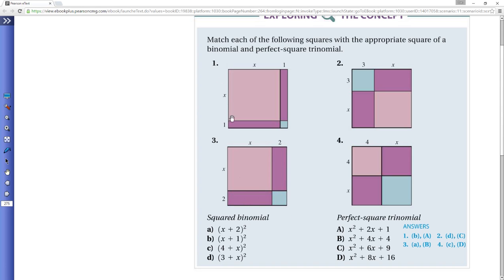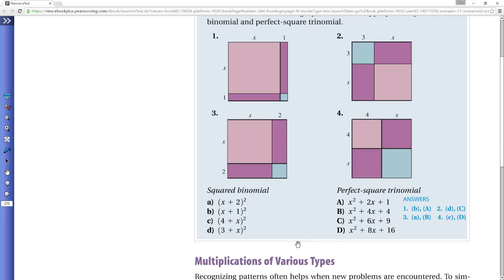I'm looking for sides that will be x plus 2. Well, here's x plus 2 and here's x plus 2. So this diagram basically represents A here. And I could count this. This area is x squared, this is 2x and 2x, and this is 2 squared, or 4. So I could say, hey, right here, B is the answer to this little A, okay?